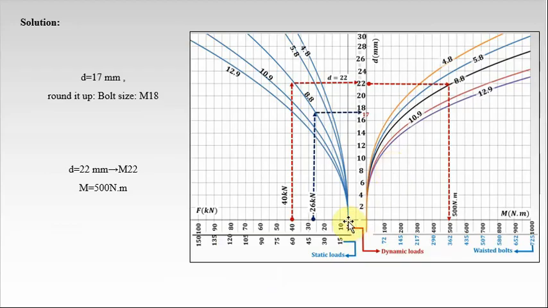From the horizontal axis of dynamic loads, we select 26 kilonewtons and go up to intersect the 8.8 curve. We go to the right to find the bolt size. Our minimum bolt size is 17. We round it up to M18.